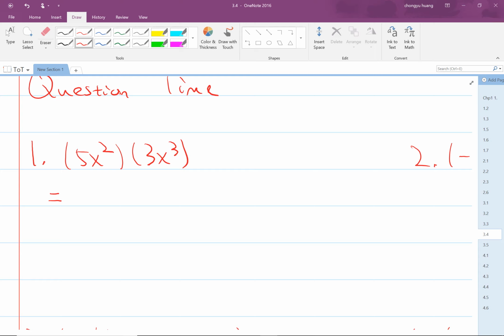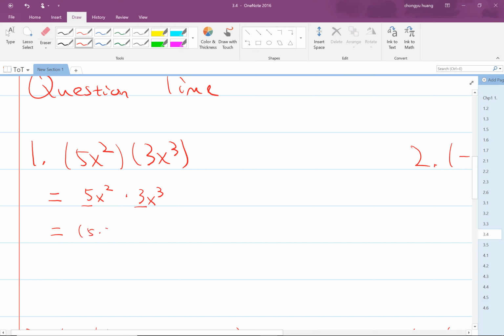What we have to do is put the terms out of the brackets, so it becomes 5x squared times 3x to the power 3. And then we have a 5 and a 3. Just this one time I will show you all the details.